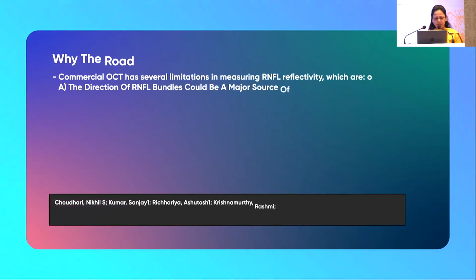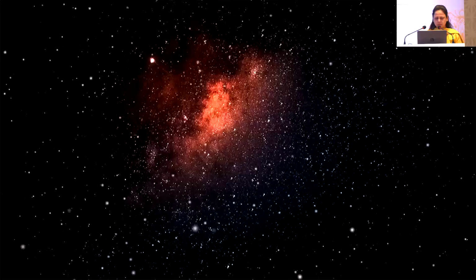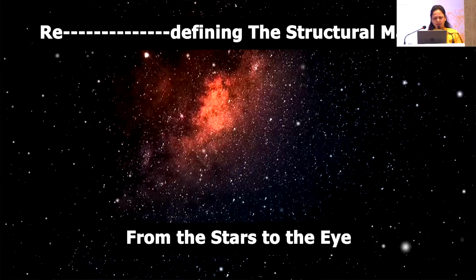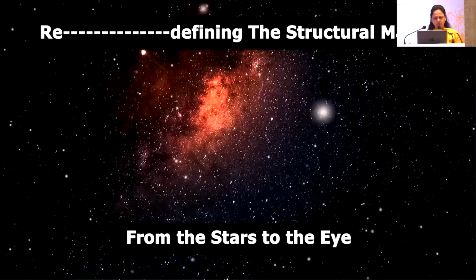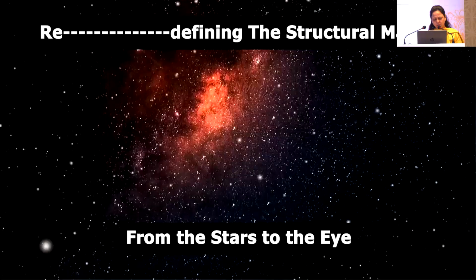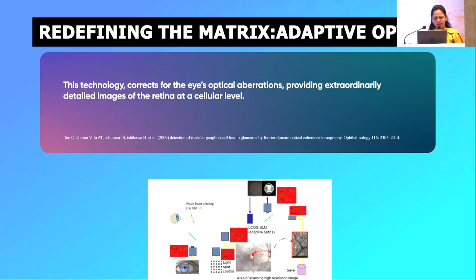So next comes the way to the structural matrix, that is redefining the structural matrix from stars to the eye. And this was the concept which came into the picture when the role of adaptive optics was introduced with the SLO.